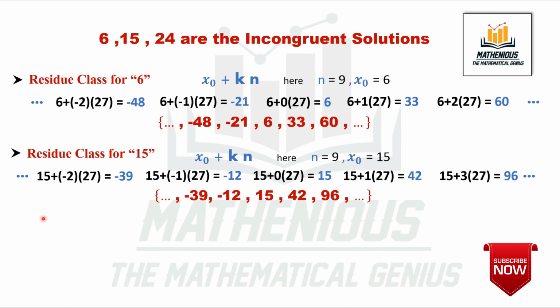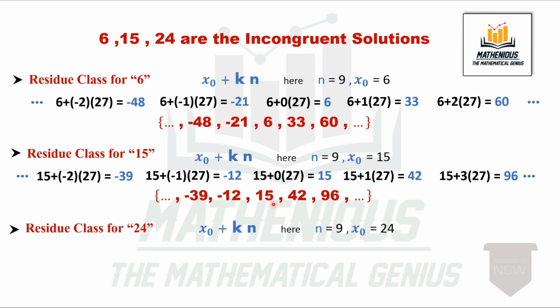Now I am finding the residue class for 24, which is x naught plus k of n, where n is equal to 9 and x naught is equal to 24. The value of x naught varies, because of which the incongruent solutions vary from one residue class to another.